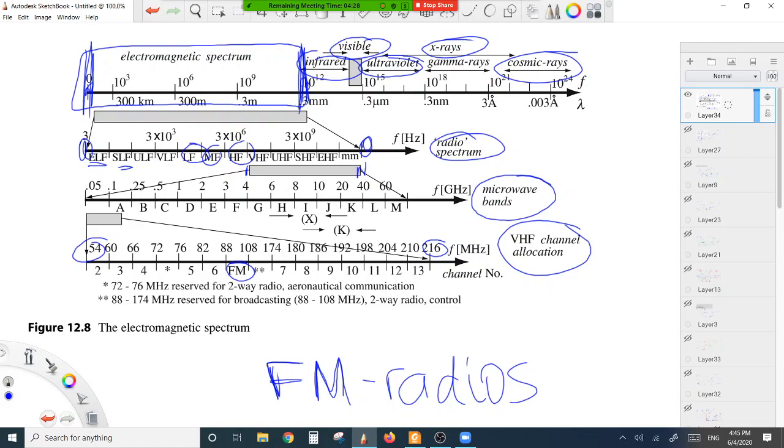As we mentioned above, for example, radar speed detection equipment, which police usually use, is in the range of 10 gigahertz to 30 gigahertz.